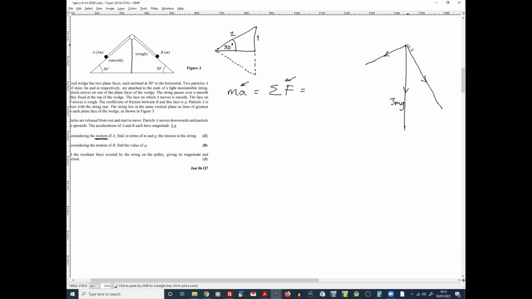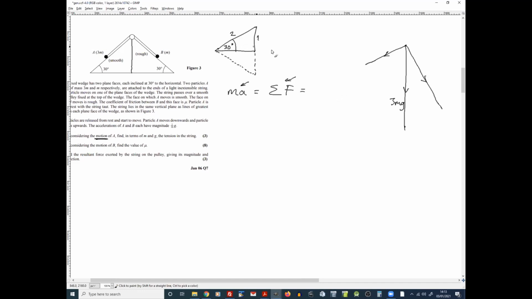So what are these components? That component you got there would be 3mg sine 30.